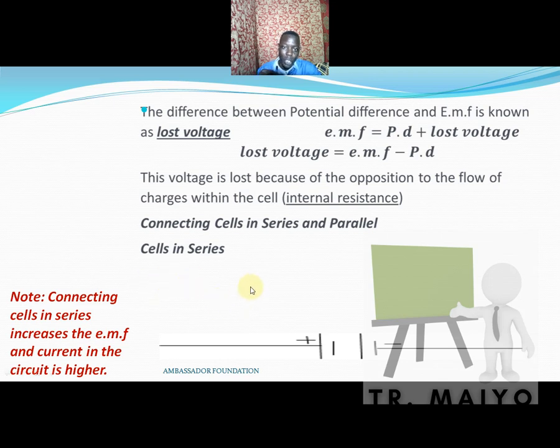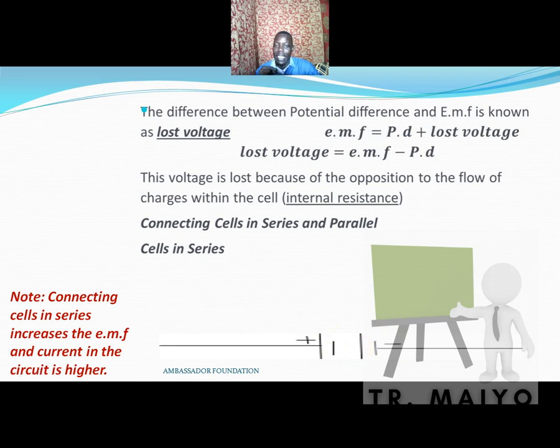Cells, there are two ways we can connect cells to give a battery. We call it series and parallel. Let me start with cells in series. Cells can be said to be connected in series when the negative terminal of one cell is connected to the positive terminal of the other cell. Here we have two cells, with the negative terminal connected to the positive terminal of the next cell.